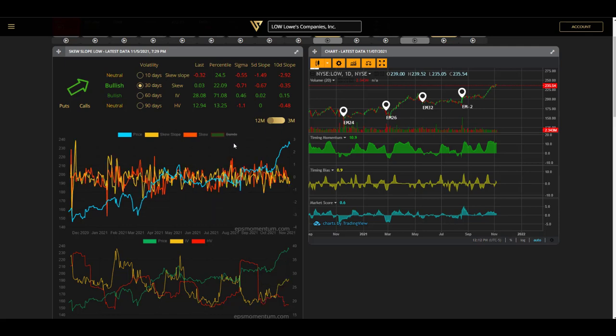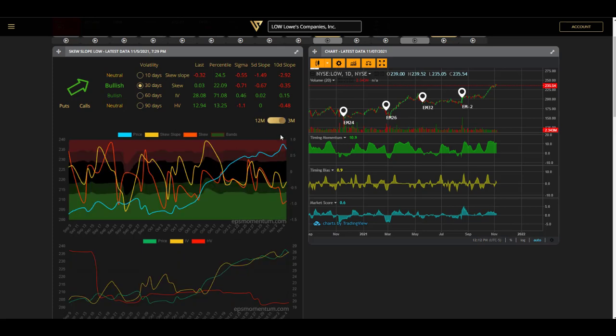Okay, and then you carry on and you look at the skew, the bands, maybe over 30 days, and you see how it is going. You see here in the green, price starts rallying, right? Then it hits the red. Interestingly, the skew goes up, but then retraces, right? So the yellow goes back into the green mode, which is bullish, and pushes the price up.